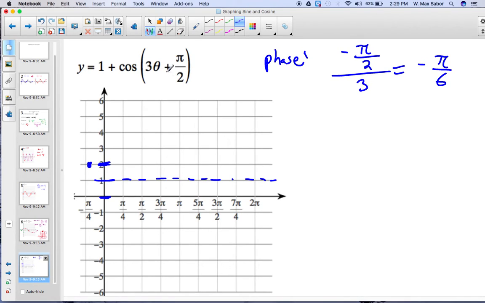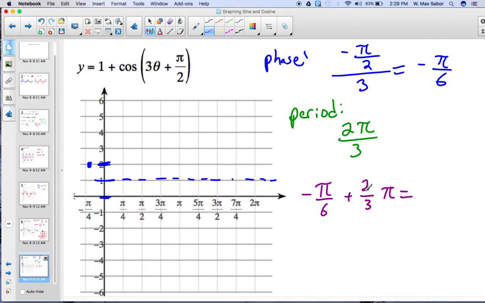And lastly, the period is 2 pi divided by b, so 2/3 pi. So if we go another 2/3 pi, you might not be able to do this in your head, what negative pi over 6 plus 2/3 pi is, but if we repeatedly add 2/3 pi, I believe 1/2 pi is the next place where this repeats.